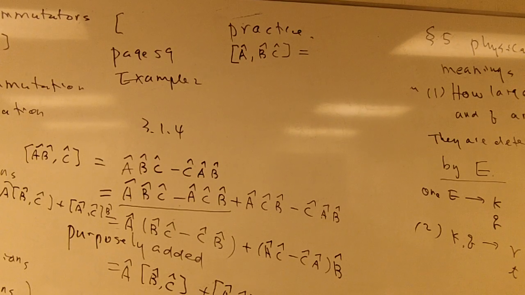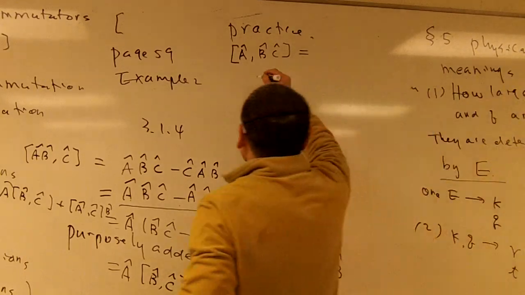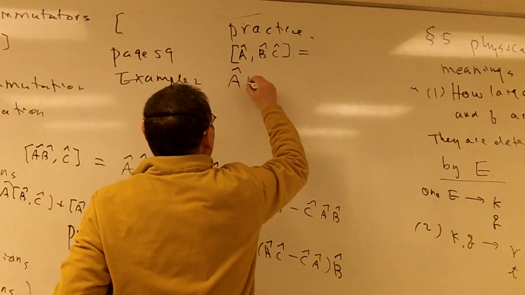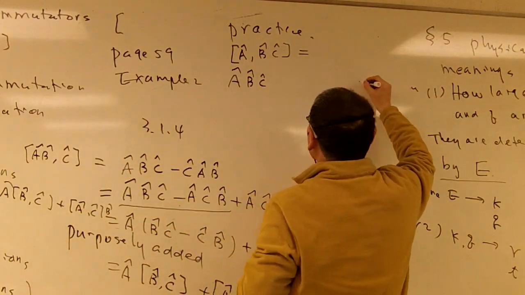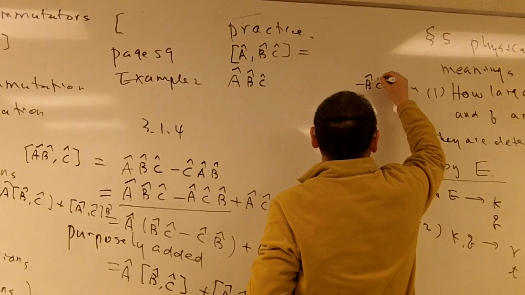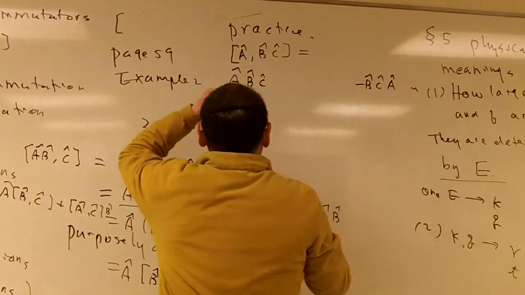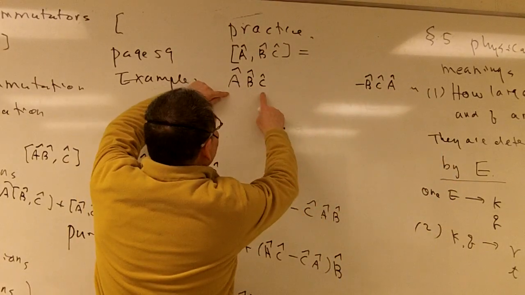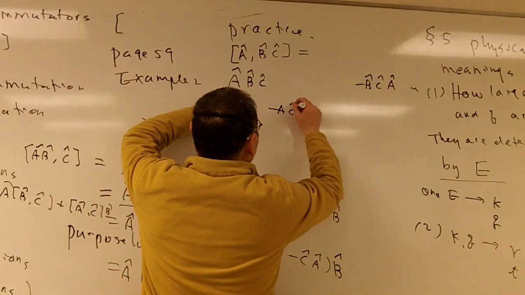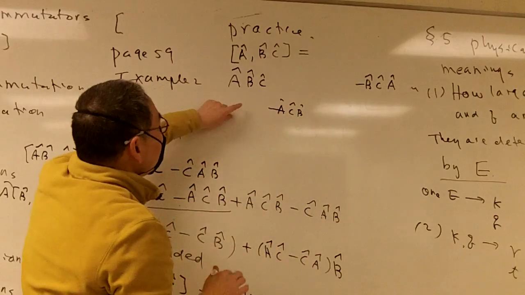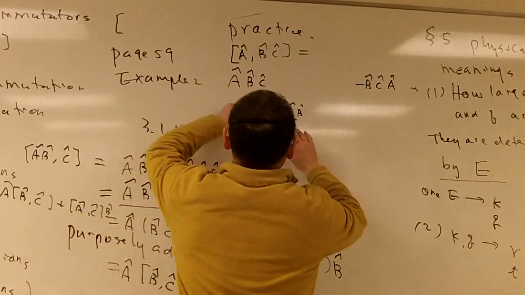The term that you added won't allow you to separate. Let me show you. So A, B, C, and I'm going to move this one a little bit over here, so it would be C, A like this. Now you see over here, let's say minus A, C, B, suppose you add this.